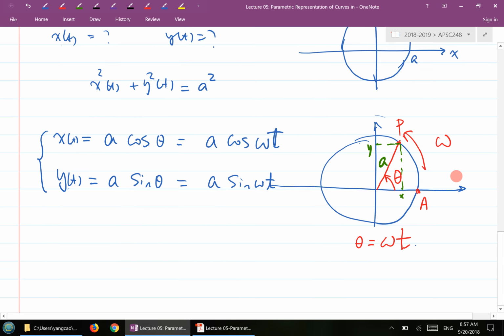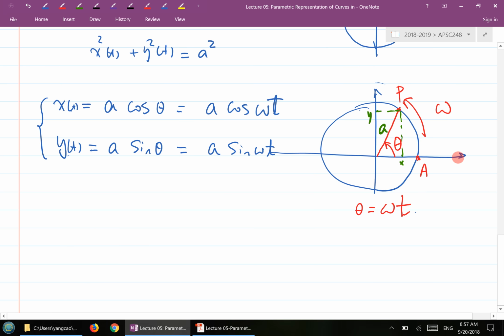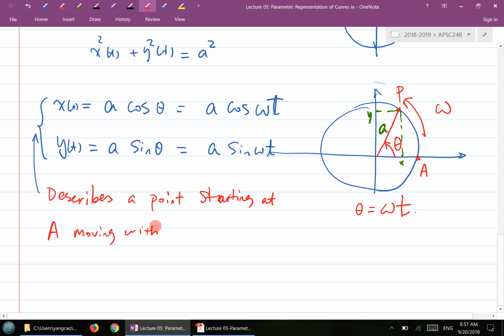Okay, so now let's make it slightly different. So this is a parametric equation, and here is the description: this one describes a point starting at A and moving with omega, in the counterclockwise direction.